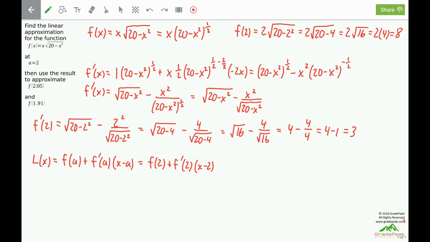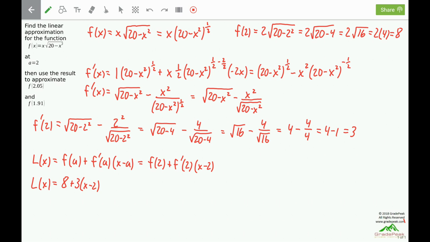We have values for f of 2 and f prime of 2. Those can now go into place into the linear approximation, giving 8 plus 3 times x minus 2.